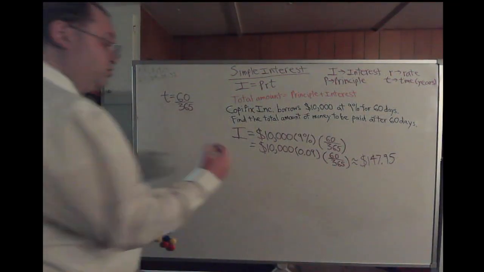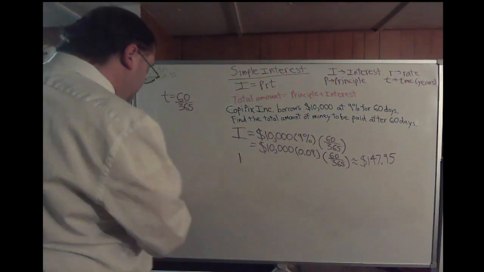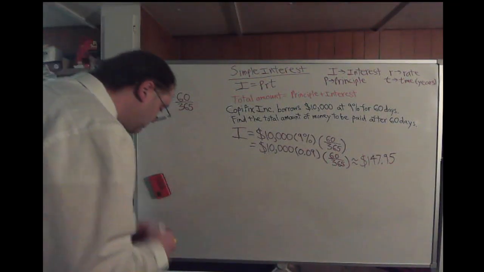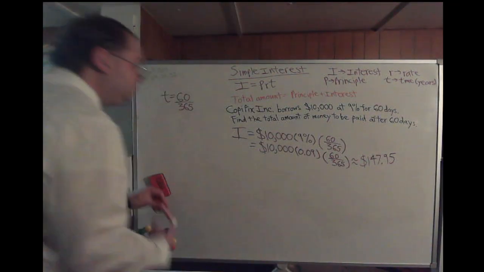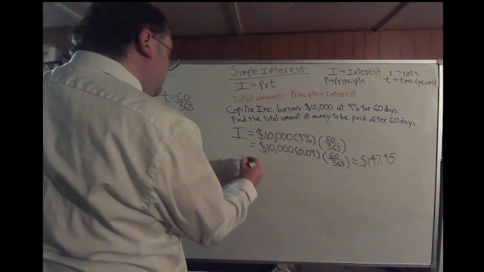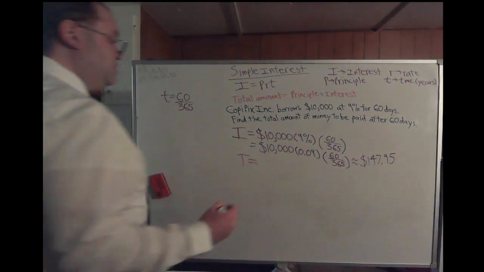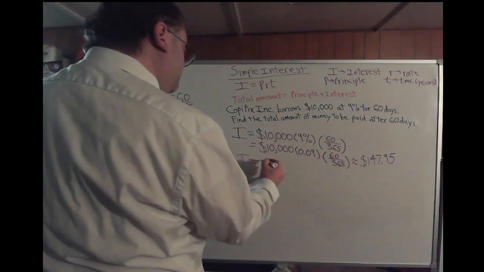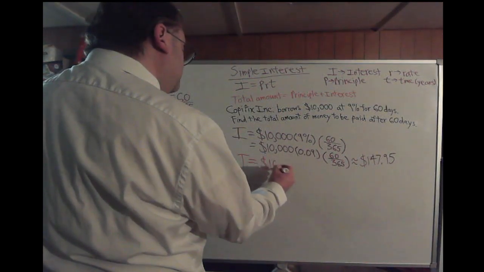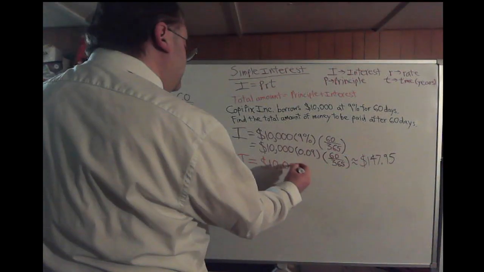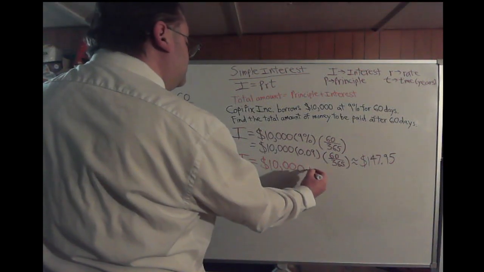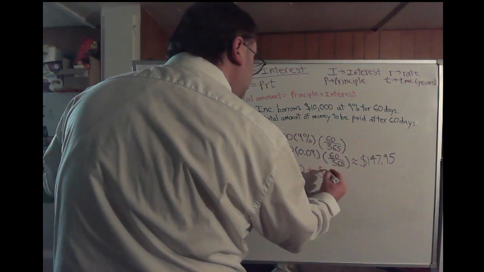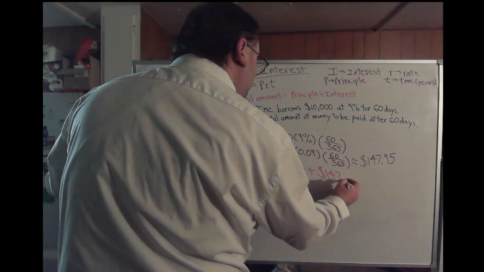Alright, now what's the total amount I'm going to end up paying them? That's the total amount I end up paying them. Okay, so the total amount is going to be that principal, which is $10,000, because I have to pay back the full $10,000, plus there's interest, plus that $147.95 in interest.